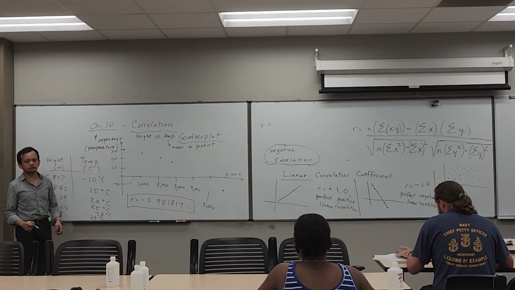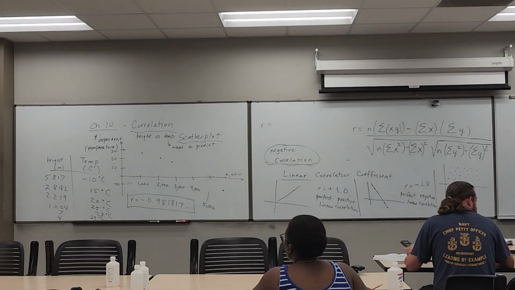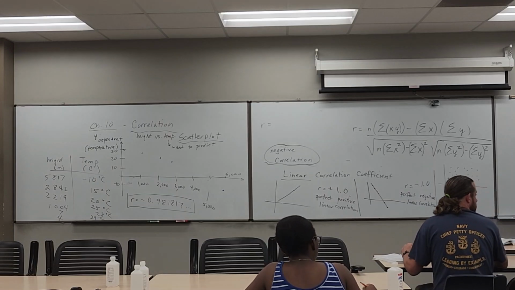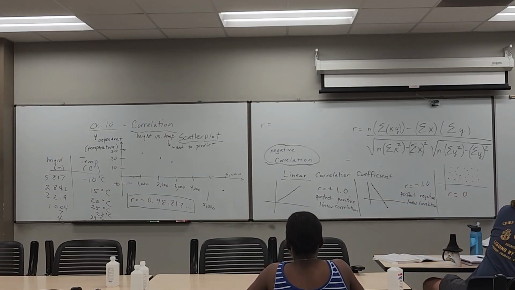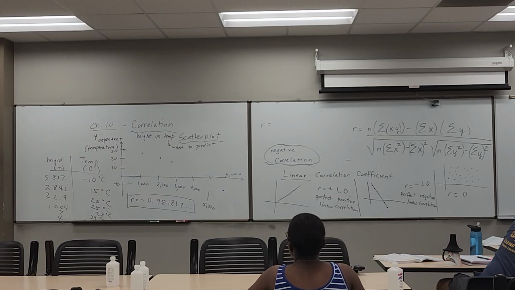Okay, anybody need help getting our calculator? Okay, good, enter the data in first, yep. And then go to stat. So on your calculator, you're gonna have to go to tests, go down.